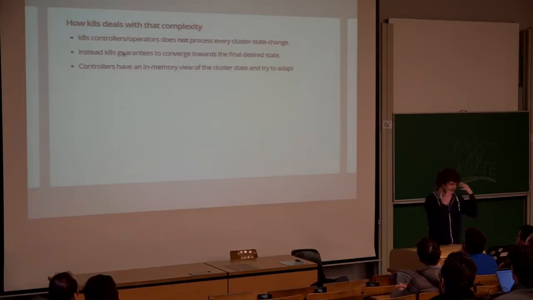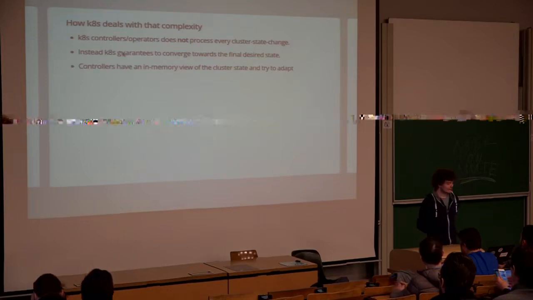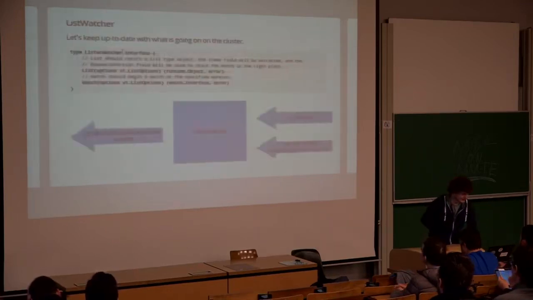You just guarantee that at the end you will reach the desired state. This has advantages when you think about how Kubernetes controllers store the state and react to the state of the cluster, because they have an in-memory view, a cache view of the cluster, and with that consideration that you don't have to process every state, they can have some very nice simplifications to reach the final state.